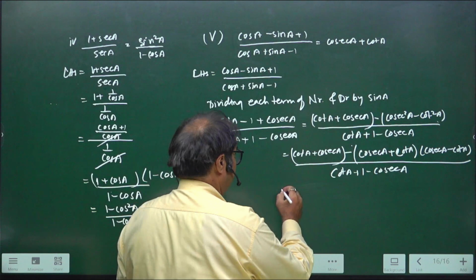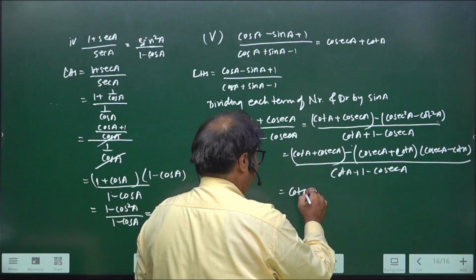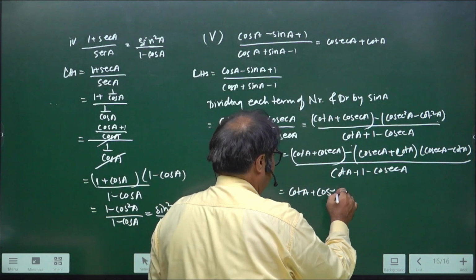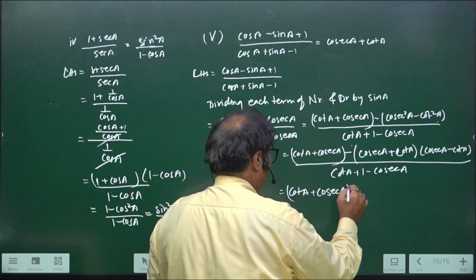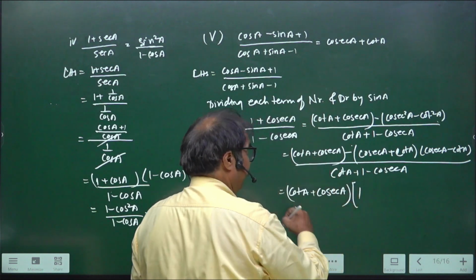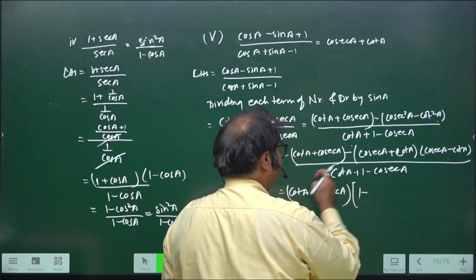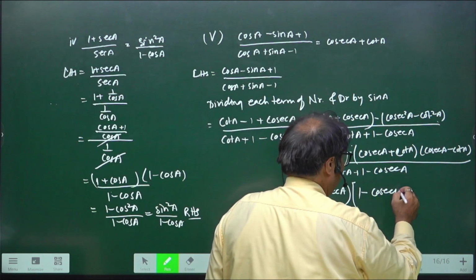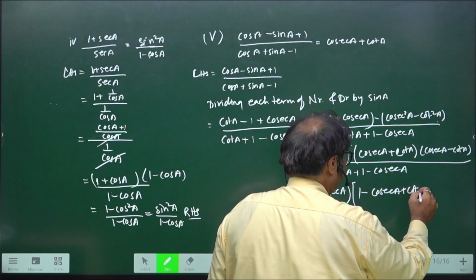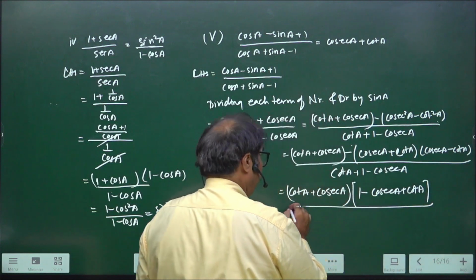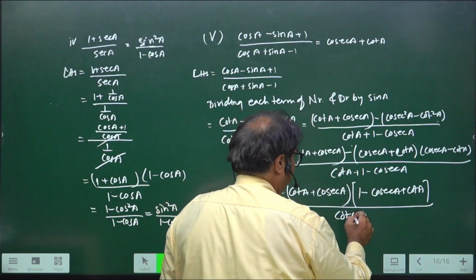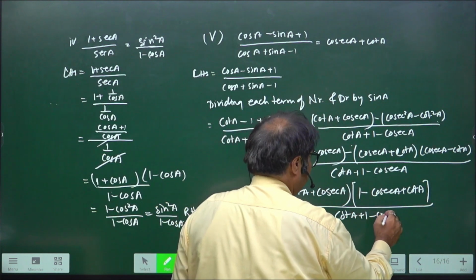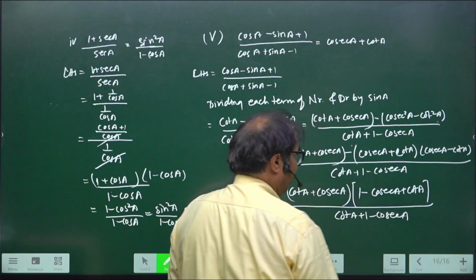So take common cot A plus cosecant A. What is left? Here is 1, then minus cosecant A and plus cot A, divided by cot A plus 1 minus cosecant A, right?